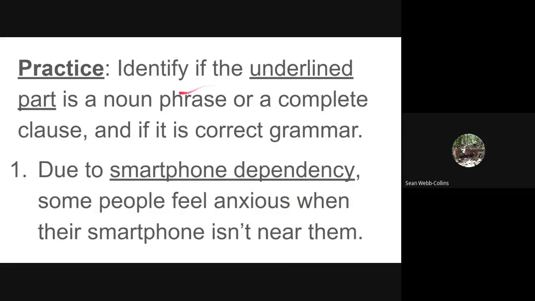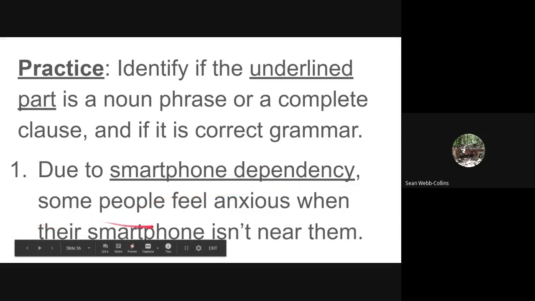So let's further practice. We're going to identify if the underlined part is a noun phrase or a complete clause, and if it is correct grammar. Number 1: due to smartphone dependency, some people feel anxious when their smartphone isn't near them.